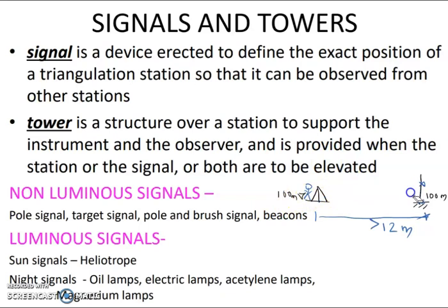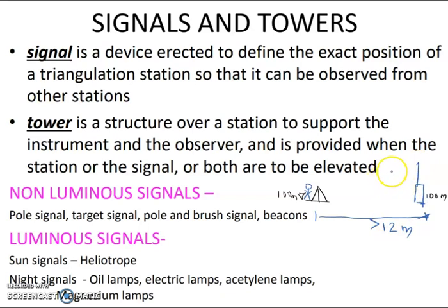Now if two points are not visible, sometimes what is done? You are viewing from here, your point to be viewed is at this point, and maybe it's not visible because of curvature. So usually you construct a masonry structure, and then you have a signal placed on top.